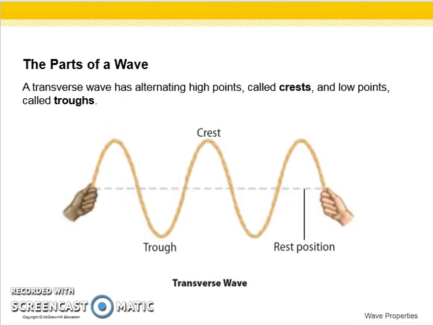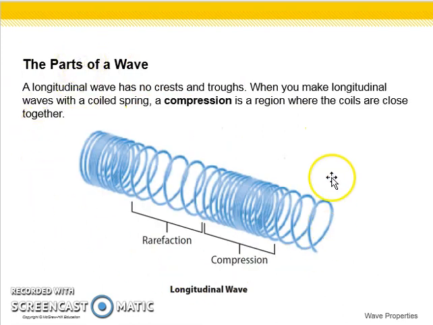Now, we talked about mechanical waves and that there were two types. The first type, again, is transverse, and the second type is longitudinal. So for understanding mechanical waves, there are two types and they also move in different ways.